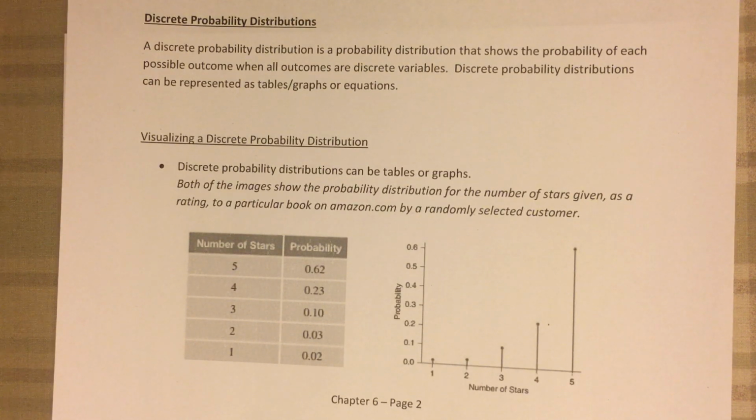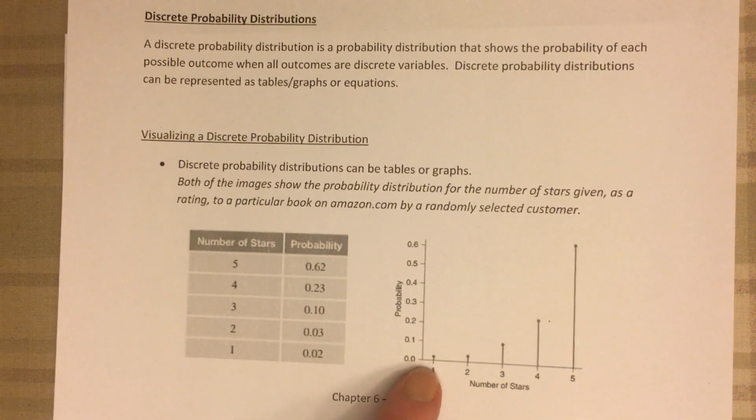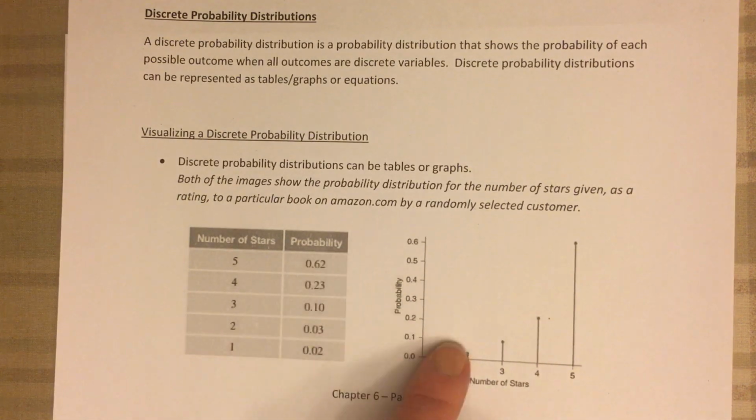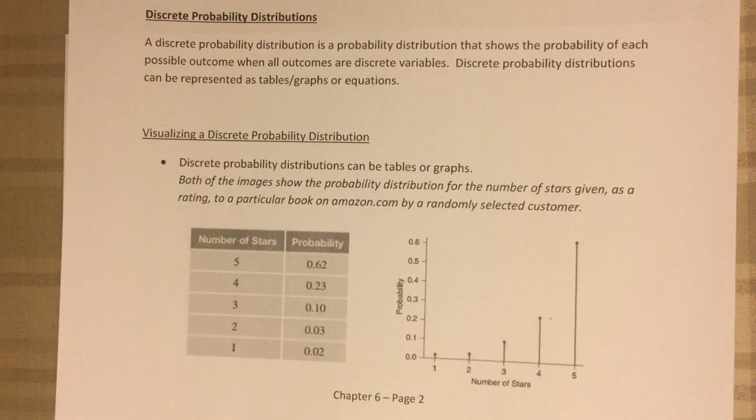Based on those probabilities, notice that the visual image right next to it shows vertical lines corresponding to each of our different probabilities. A 1-star had a 2% or 0.02 probability. Then as we work up our table, we see all of our different probabilities represented by vertical bars going to the height of the probability listed in the other column.